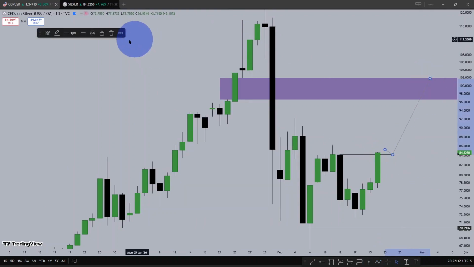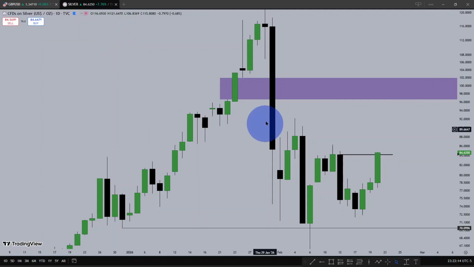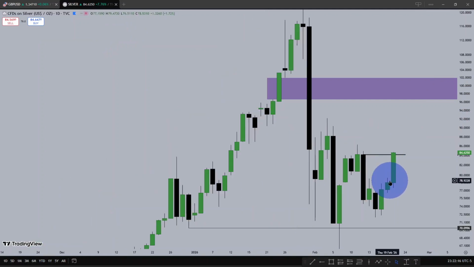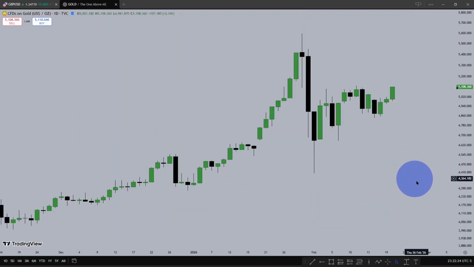That's what I'm thinking, because everything is pretty straightforward now, and we're simply looking for levels that silver can key off of, and we can take buy positions off of those levels.